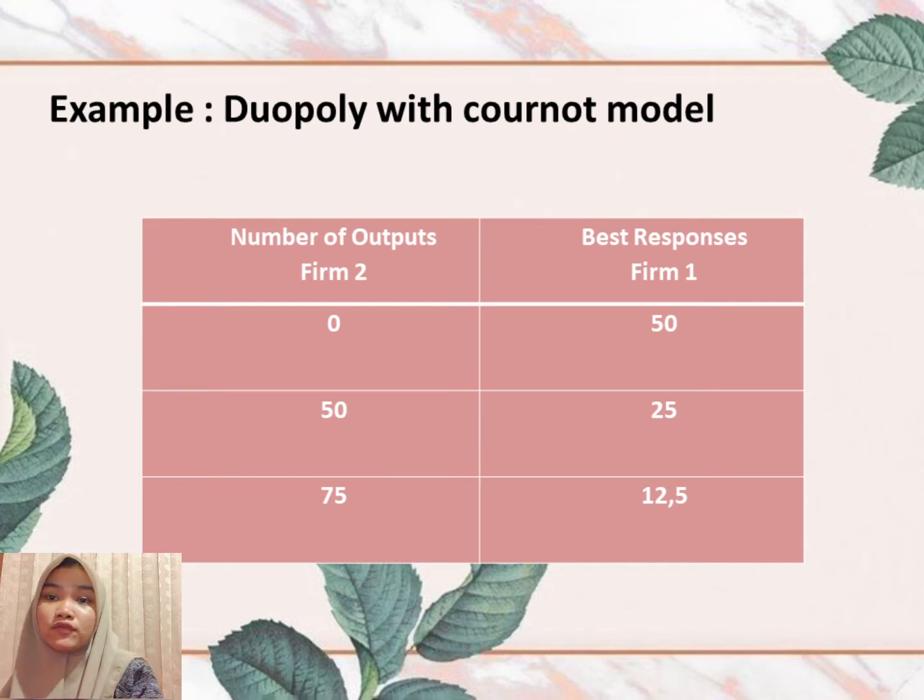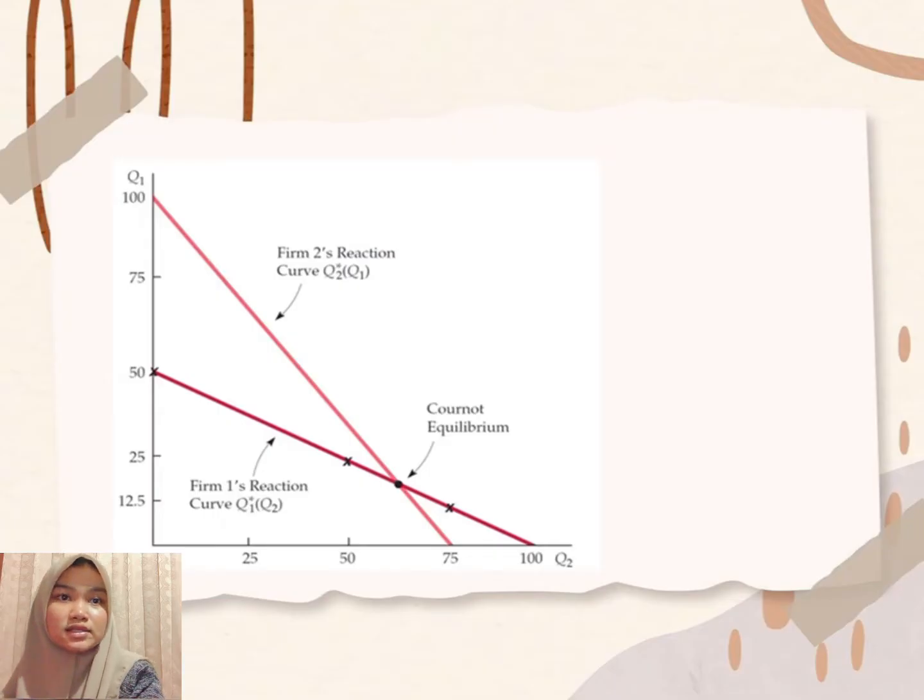So when firm 2 produces 50 units of output, firm 1 has to produce 25 goods. For company 1, the best response when company 2 produces 50 units is to produce 25 units. And the last, when firm 2 produces 75 units of output, the best response of firm 1 is 12.5 units. The curve will look like this.